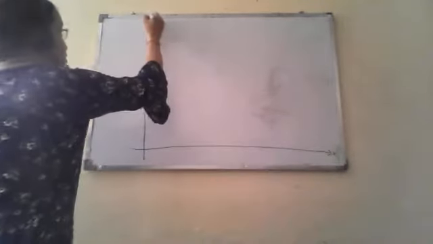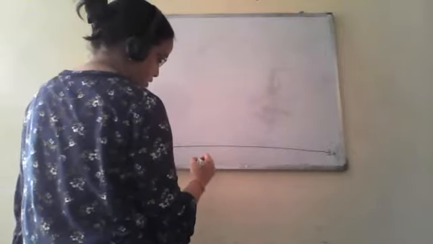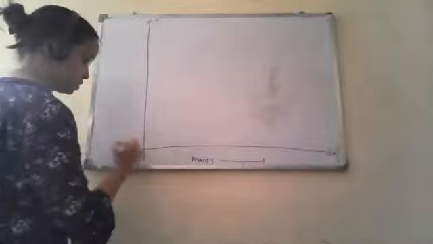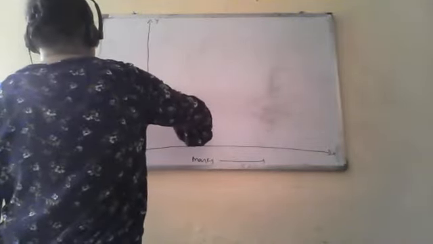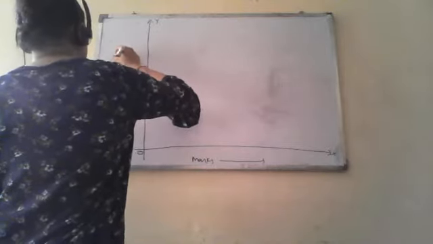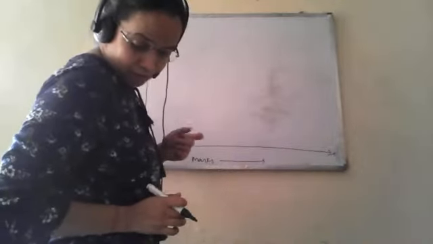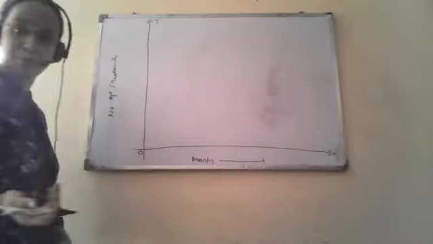This is the x-axis. This is the y-axis. On the x-axis we are taking marks of students. This is the starting point, the origin, and on the y-axis we are taking the number of students. For the number of students, we look at the frequency table. The highest value is 21, so we can plot up to 22.